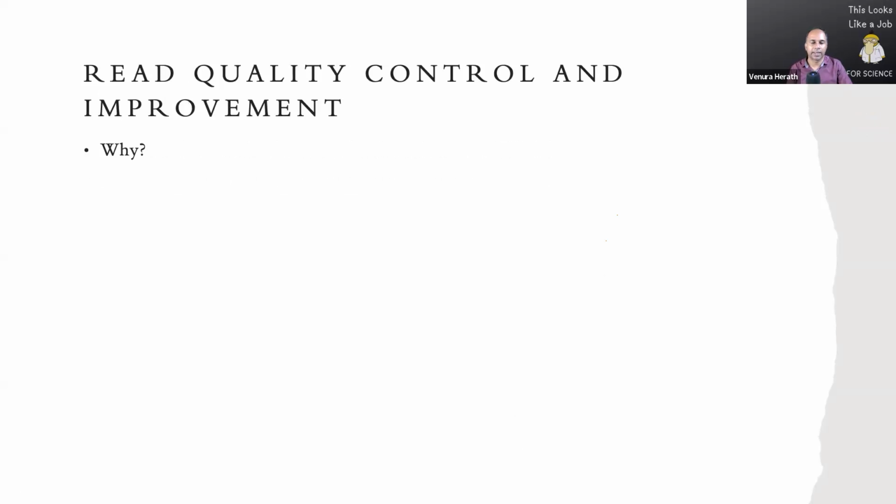Okay. And then we talked about the read quality improvement, because when it comes to sequencing, there will be errors introduced by different technical things also. So there can be errors based on the quality of DNA or RNA we used.